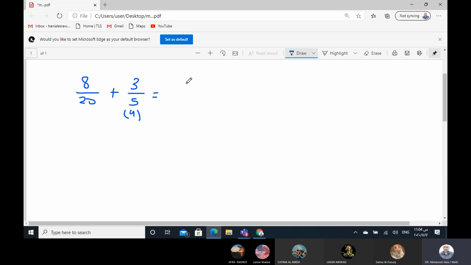Write the same first fraction, 8 over 20, plus, multiply the second fraction by 4. 4 times 3 will be 12, and 4 times 5 will be 20. Now we have the same denominators, which means we have like fractions. So write the same denominator, 20, then 8 plus 12 will be 20. 20 over 20 will be 1.